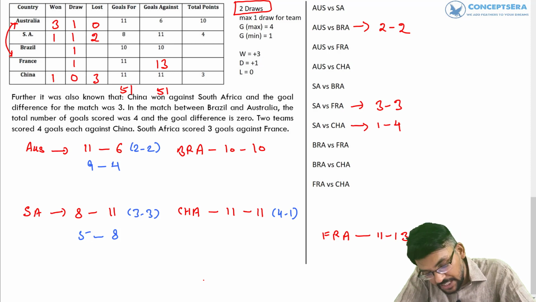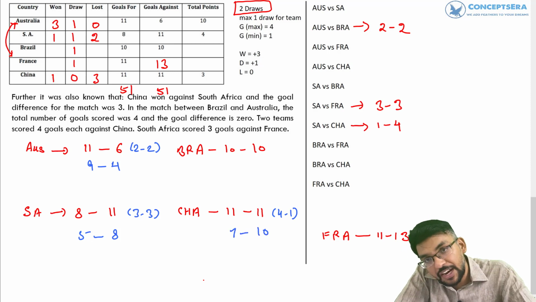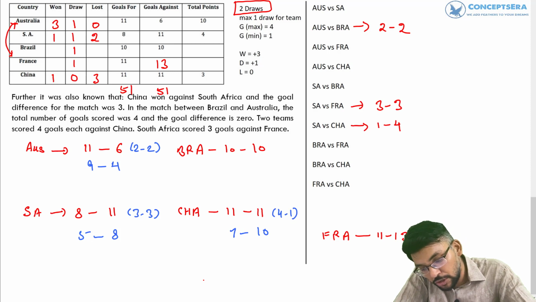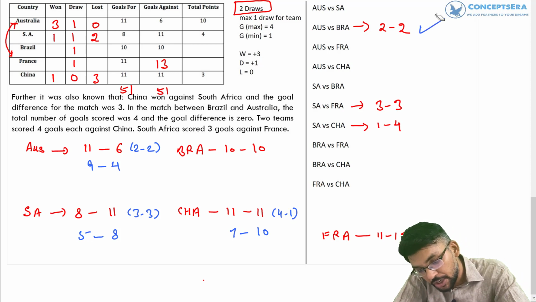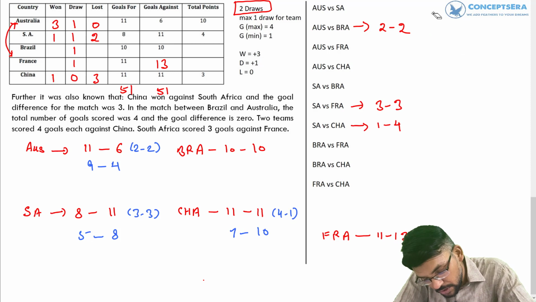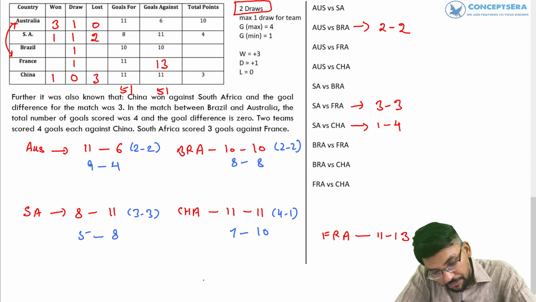Then definitely what is left out for China here is 7-10. And similarly we can write down the goal line for Brazil also because of the Australia match. It is given to us as 8-8 because 2-2 is done here. And finally France, which is left out here because of South Africa, we can write down France also. The France goal line which is left out here will be 8-10.